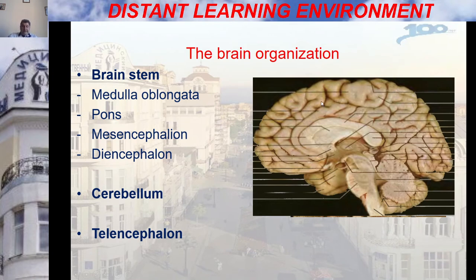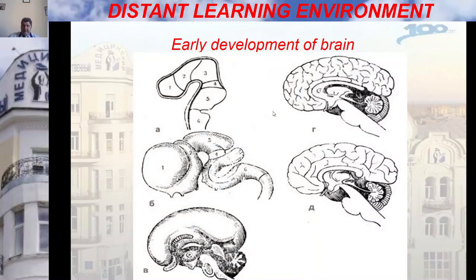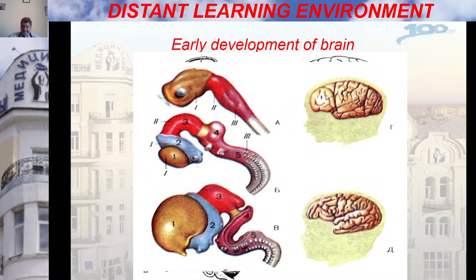The growing hemisphere increases in size first in the region of the frontal lobe. So you may see also frontal lobes here and here. Then the parietal and the occipital lobes, and finally the region of the temporal lobe.